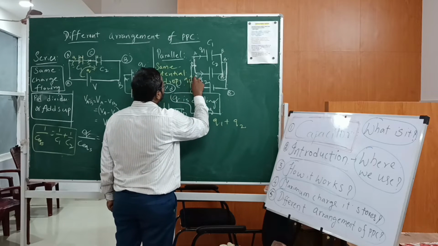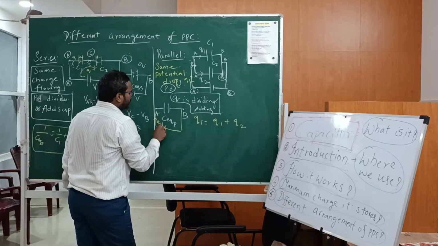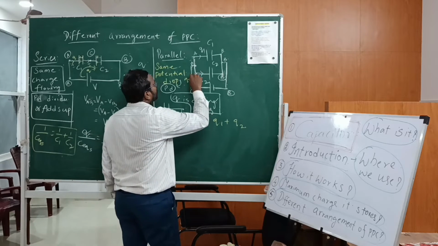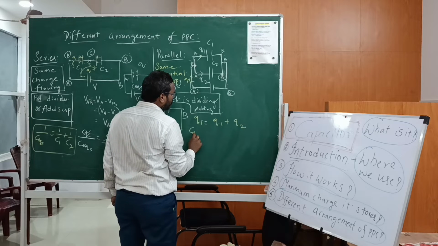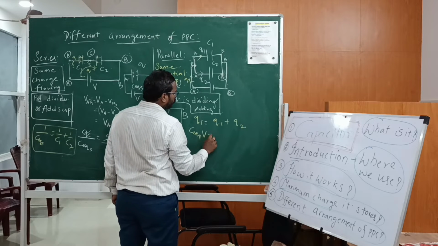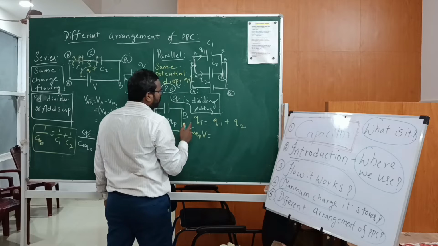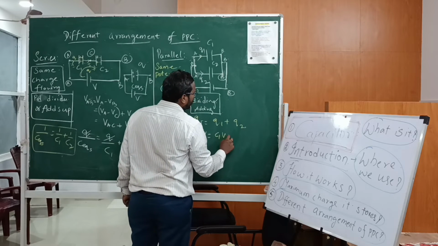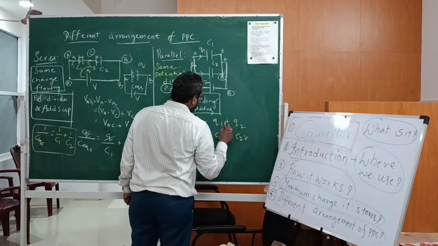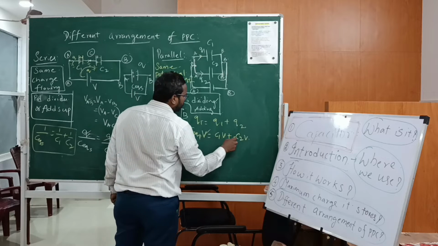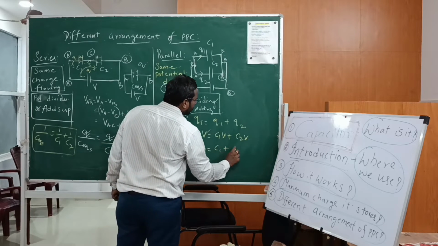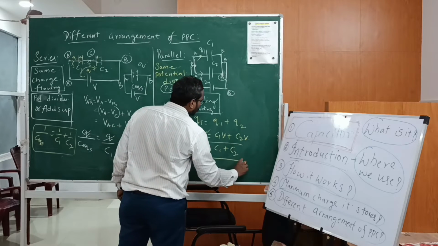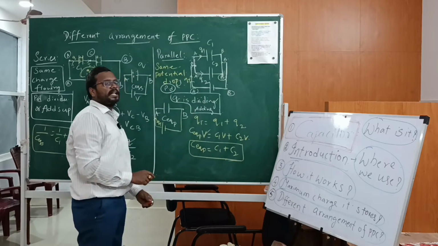Here total charge is going to be there, the same total charge will be there here. So whatever is the total charge here is going to be divided into Q1 and Q2. Q total is going to be what? C equivalent parallel into V. On the left-hand side we take C equivalent, on the right-hand side we take C1V plus C2 into V. So V cancels. C equivalent in parallel will become C1 plus C2.